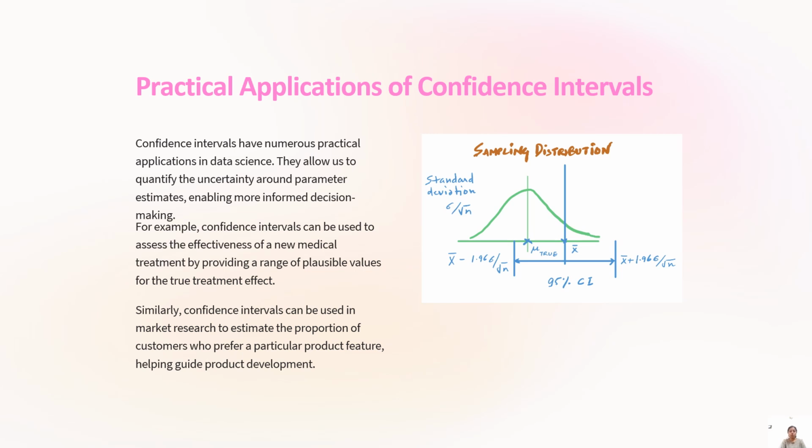For example, confidence intervals can be used to assess the effectiveness of a new medical treatment by providing a range of possible values for the true treatment effect. Similarly, confidence intervals can be used in market research to estimate the proportion of customers who prefer a particular product feature, helping guide product development.